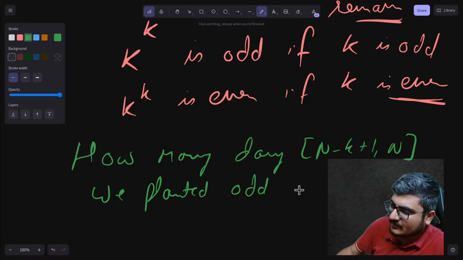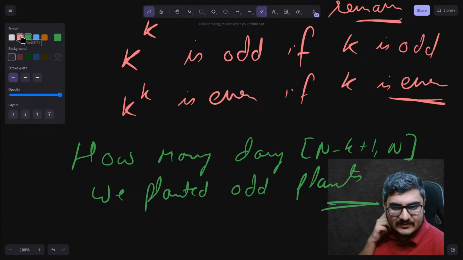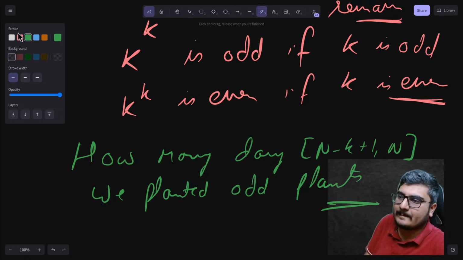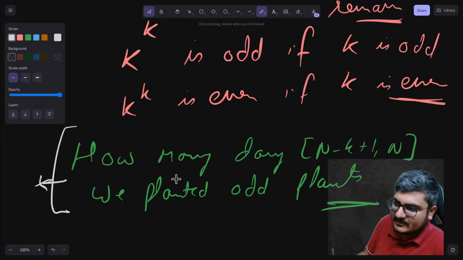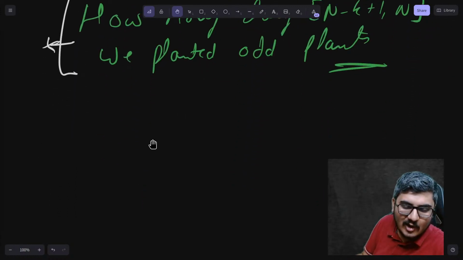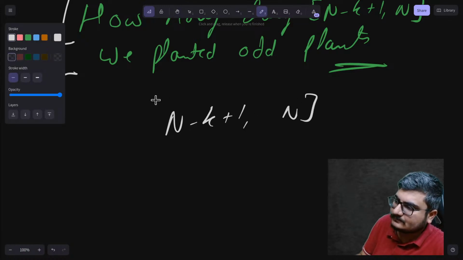Odd leaf or plant, whatever we call odd plants. If this count is even, then the answer is even. If this count is odd, the answer is odd. So the problem reduces to counting how many odd numbers there are between n minus k plus 1 and n.